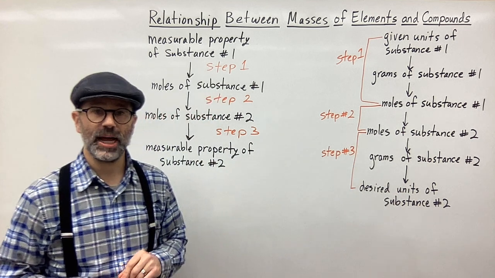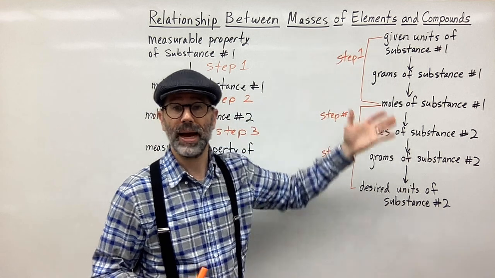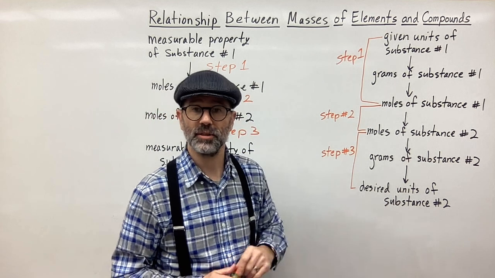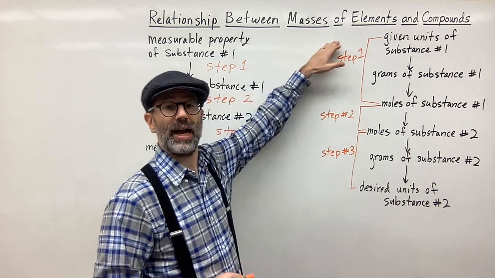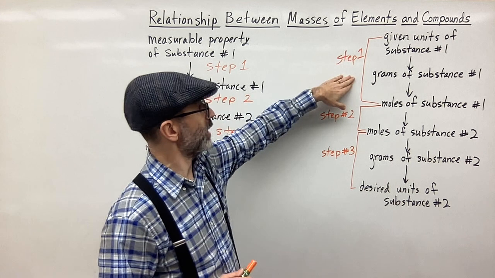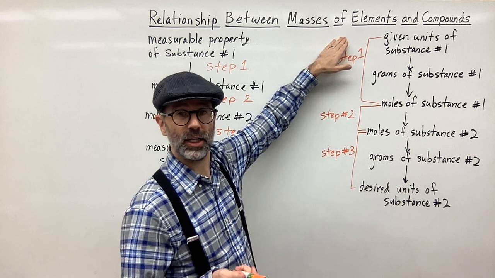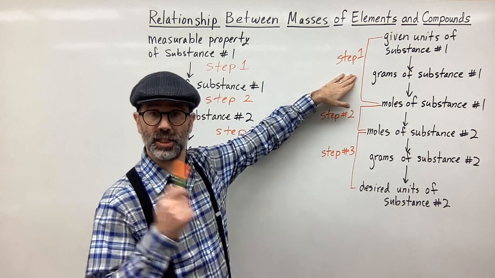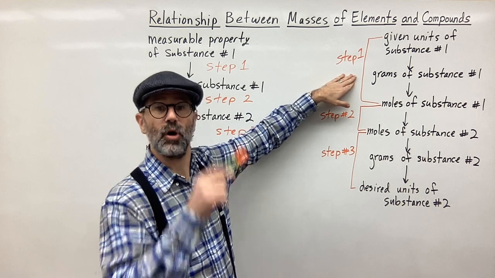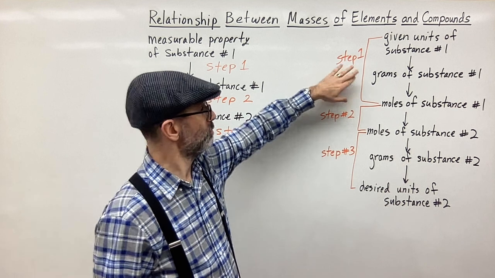So let's say you're given kilograms. If that is not already in grams, you would need to convert kilograms to grams using the conversion factor of 1 kilogram is equal to 1,000 grams.